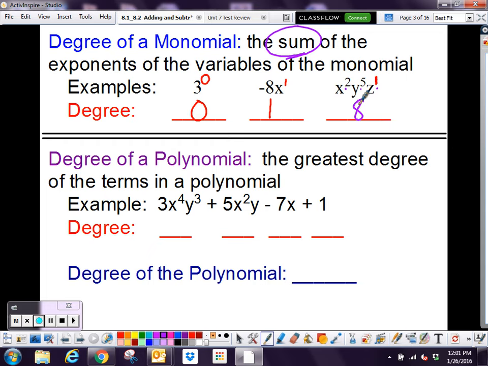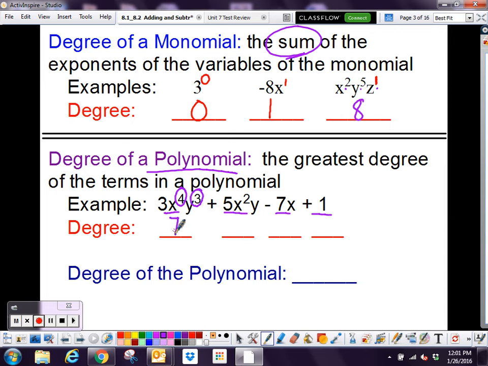Okay, so that's the degree of just a monomial, just one term. The degree of a polynomial, so the degree of the whole thing, is the greatest degree of the terms in a polynomial. Okay, so here's your example. So we're going to look at each monomial separately, and then we're going to see what the degree of the whole thing is. Okay, so the degree of 3x to the 4th, y to the 3rd: I have a 4 and I have a 3.